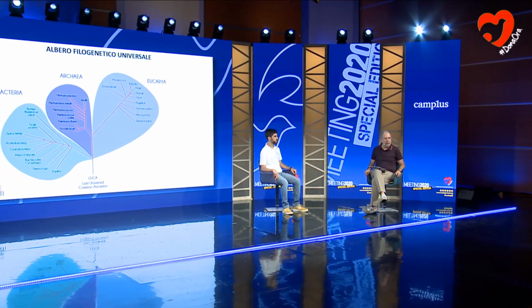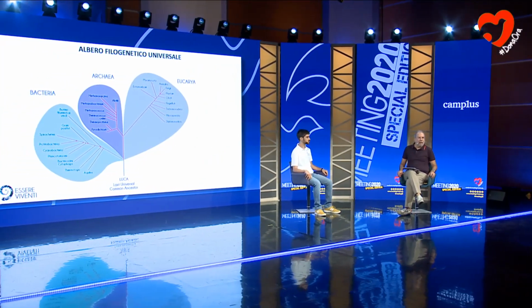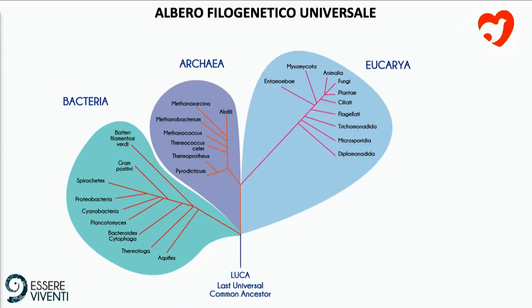Now, let's start from this image, which shows the universal phylogenetic tree, which is made by bacteria, archaea, and eukaryotes.